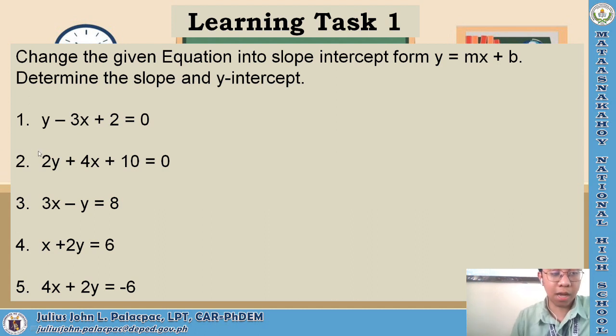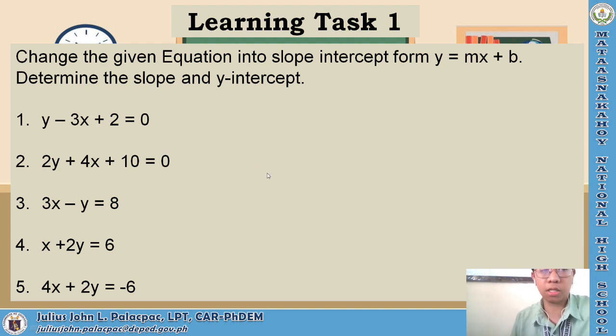And after that, we have a numerical coefficient on y. We will multiply both sides by the reciprocal of 2. The reciprocal of 2 is 1/2. Correct. So 1/2 times 2 is equal to 1. So we'll only have y here, which is equal to 1/2 times negative 4x minus 10.